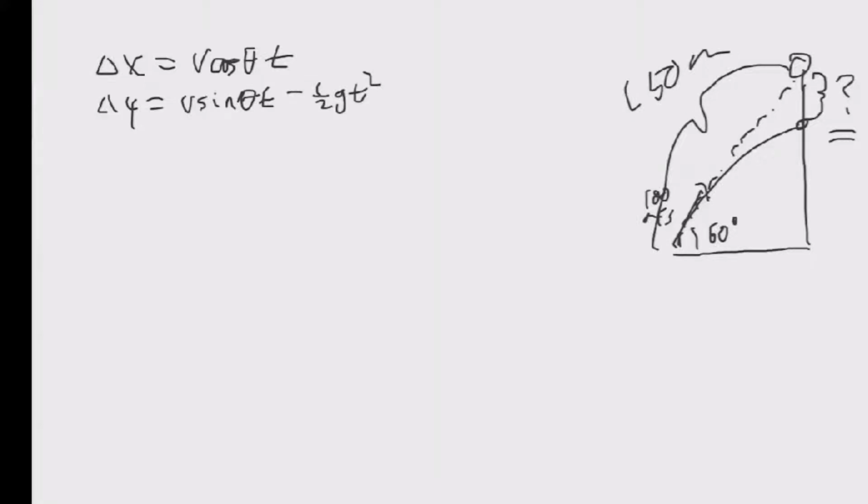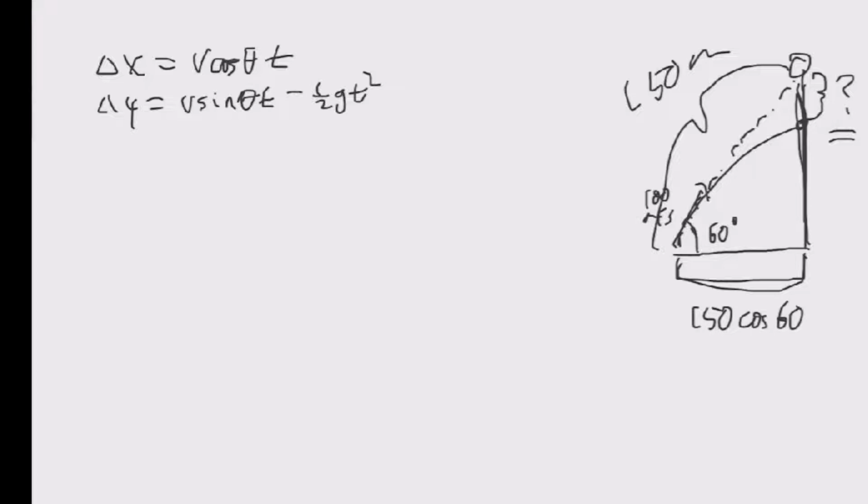So our next condition, what makes this point unique is that this point is on the wall, which means that whatever this distance is, that's what its delta x has to be, right? So we can just use trigonometry to find that. Since we know this angle is 60 degrees, this has to be 150 cosine 60.